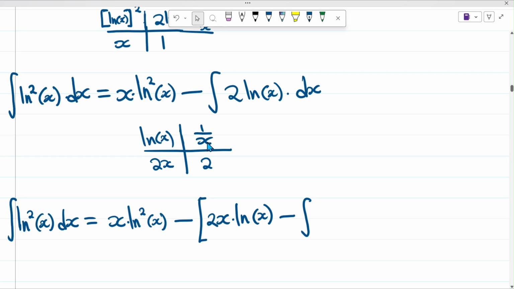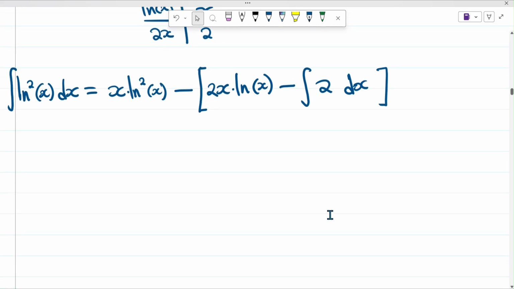The x and x will cancel out, so at the end of the day we'll only be left with 2 dx. I hope that makes sense.